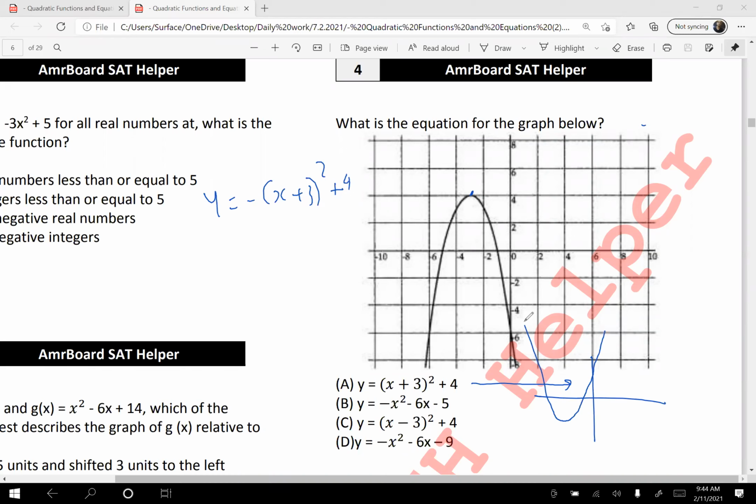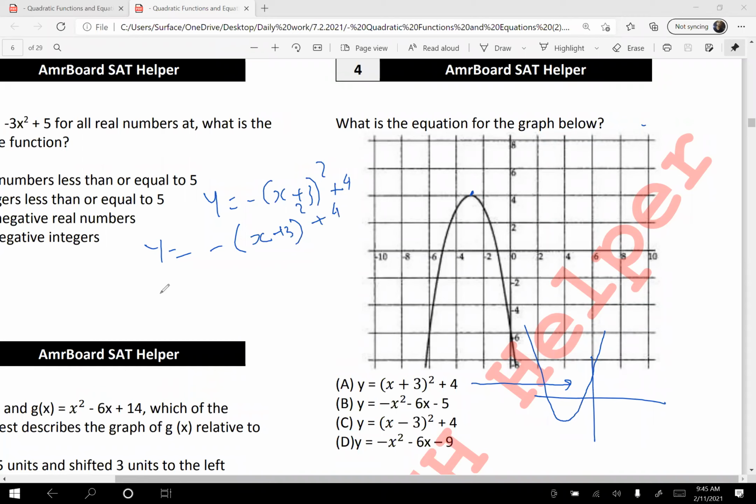Explain why you choose B. Can I answer? Yes. Y equals negative, complete this answer, negative and expand this expression, x plus 3, all power 2 plus 4.